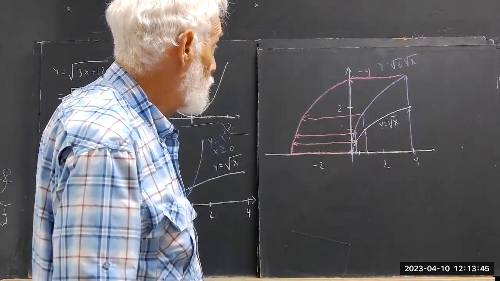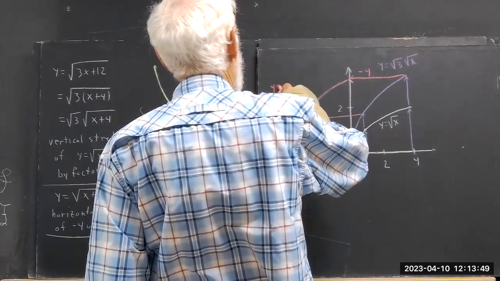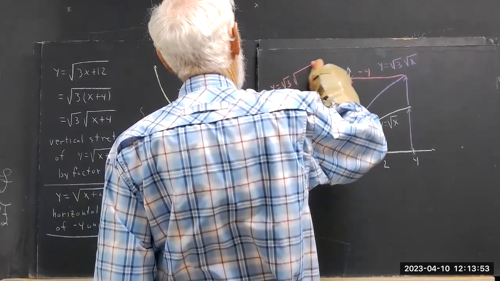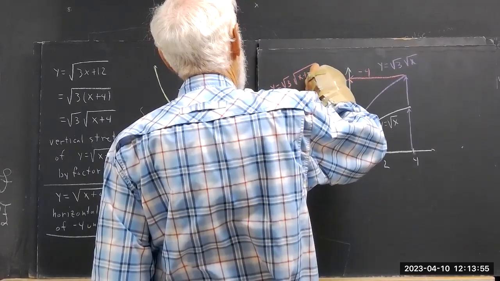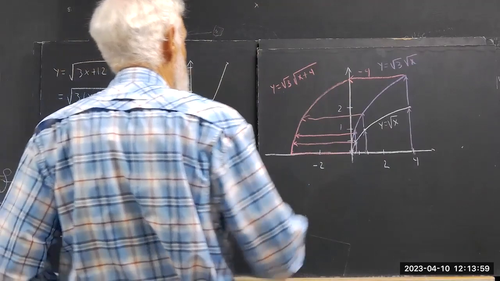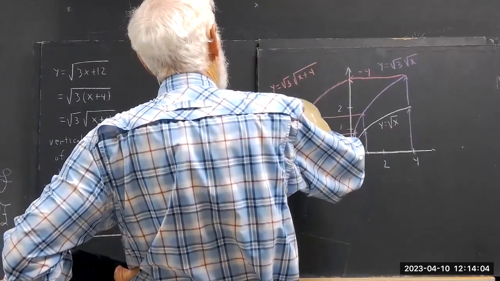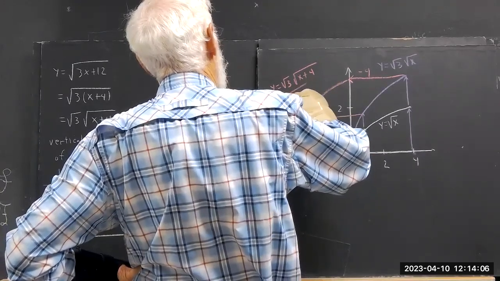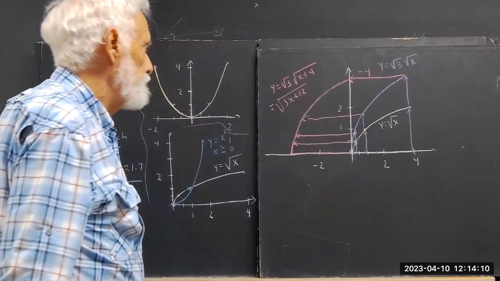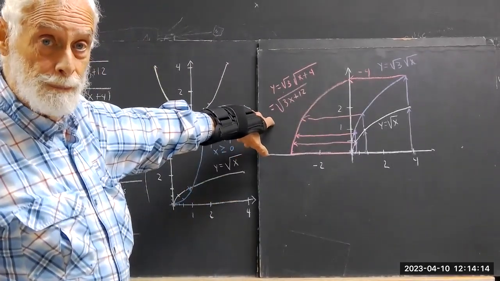But it's moved over 4 units, and this is y equals the square root of 3 times the square root of x plus 4. And that is equal to the square root of 3x plus 12.